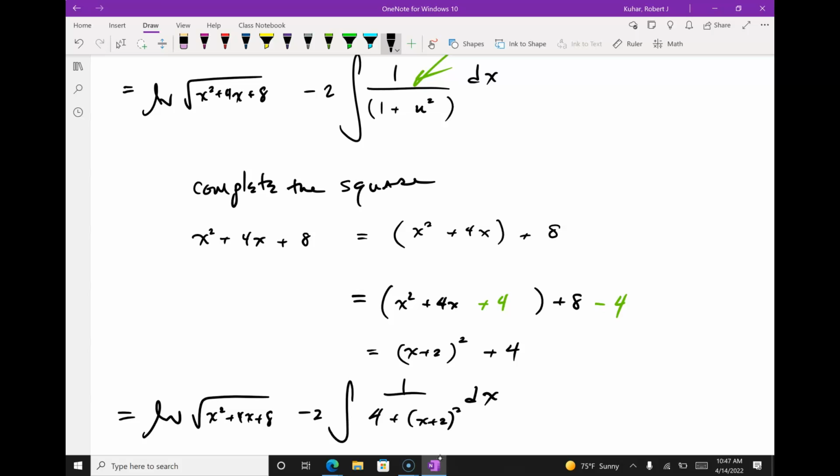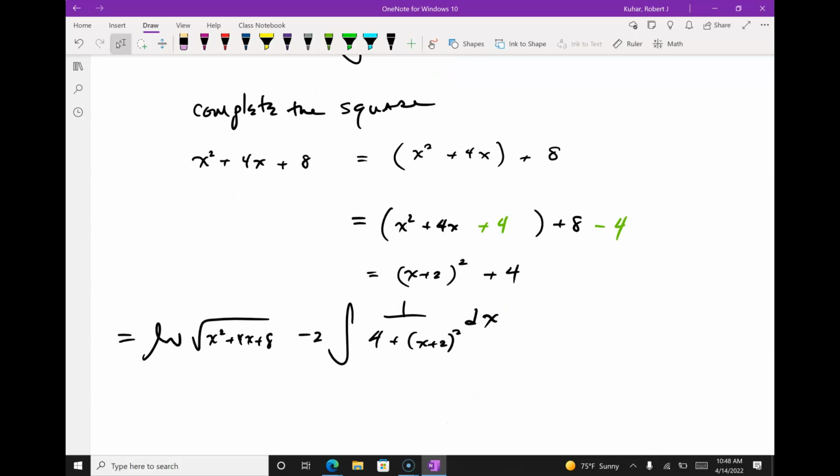There's lots of things, right? But what don't I like there for the arctan? I don't like the 4, and I don't like the x plus 2. I'm going to have to get rid of the 4. I'm going to have to do a u sub. So I'm going to divide everything by 4, or factor out the 4 here. That's the easiest way to think of it.